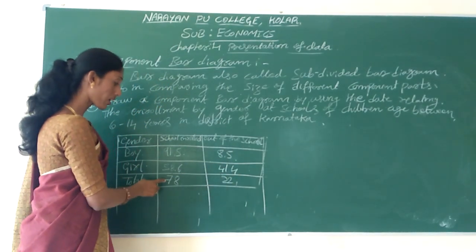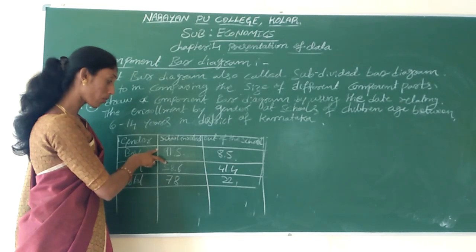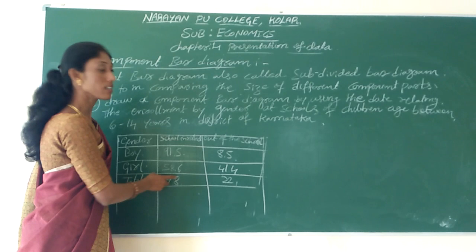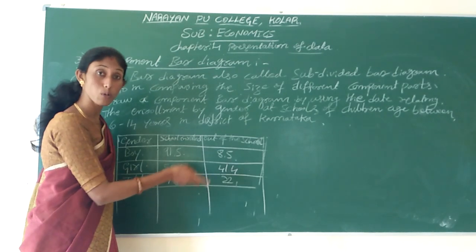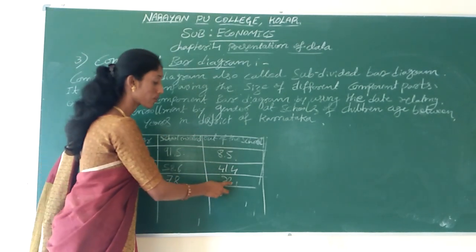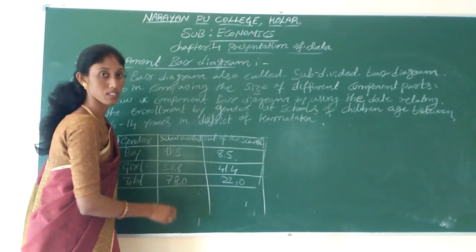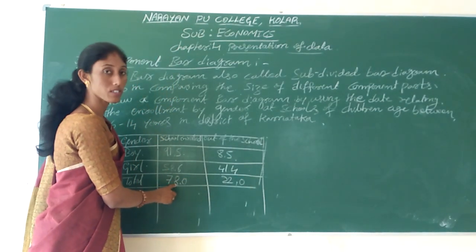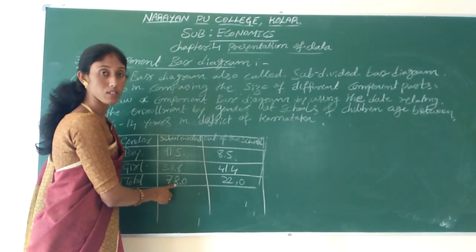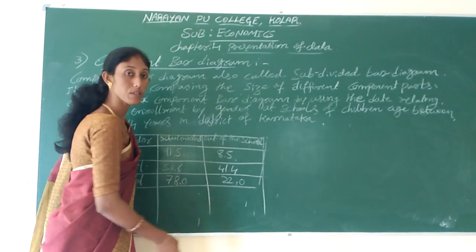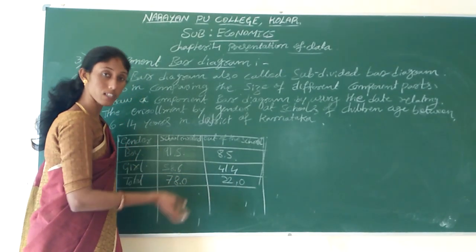For both girls and boys together, 78% of children are enrolled in school and 22% are out of school.